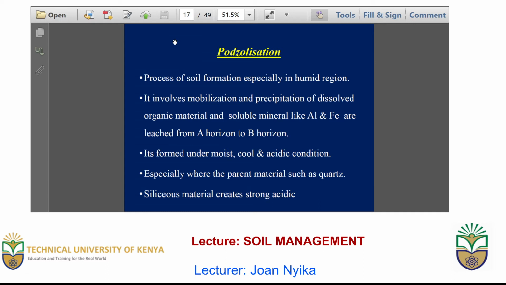Once the aluminium and the iron cations are leached, what forms is acidic soils, and this is usually formed in moist, cool, acidic conditions of humid areas, where the parent material mostly consists of silicon oxide, or what we refer to as quartz.